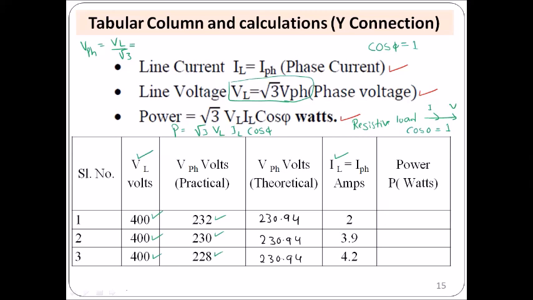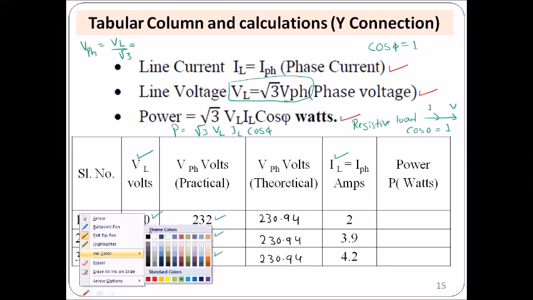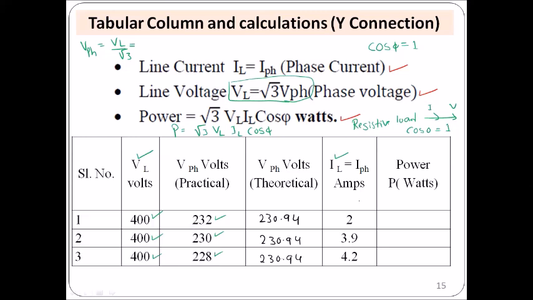Based on this, if we substitute the values in the formula P is equal to root 3 VL IL cos phi, we shall get the power as 692.82 for this case. For the second case, we shall get 2701.99. And for the third case, it is 2909.84. Okay, so this is the calculation part.